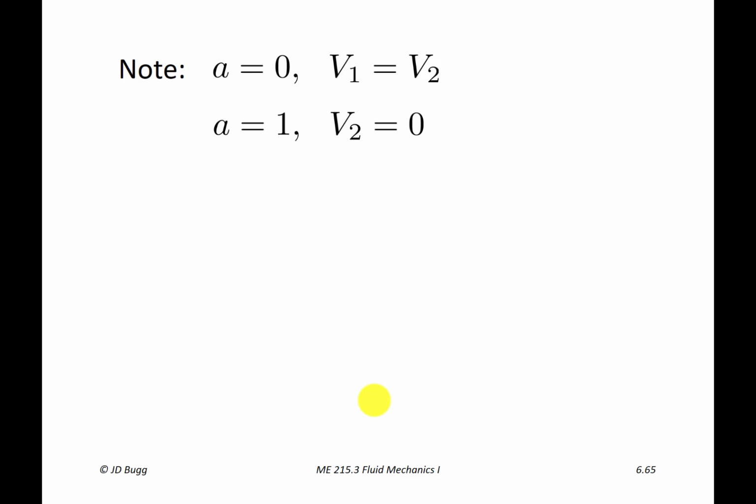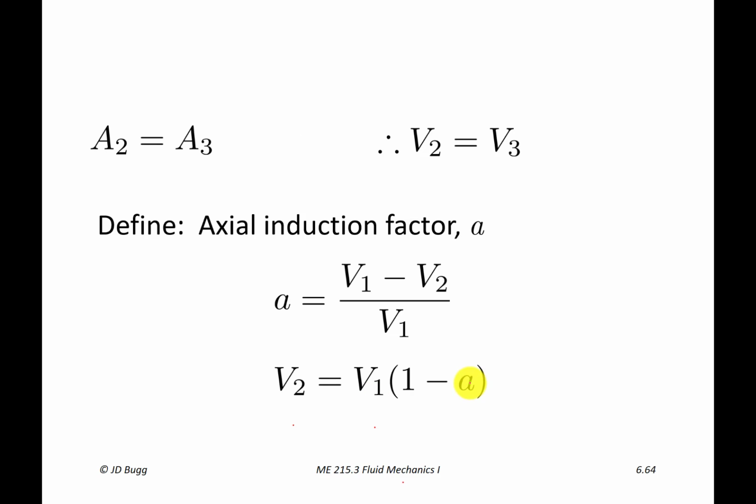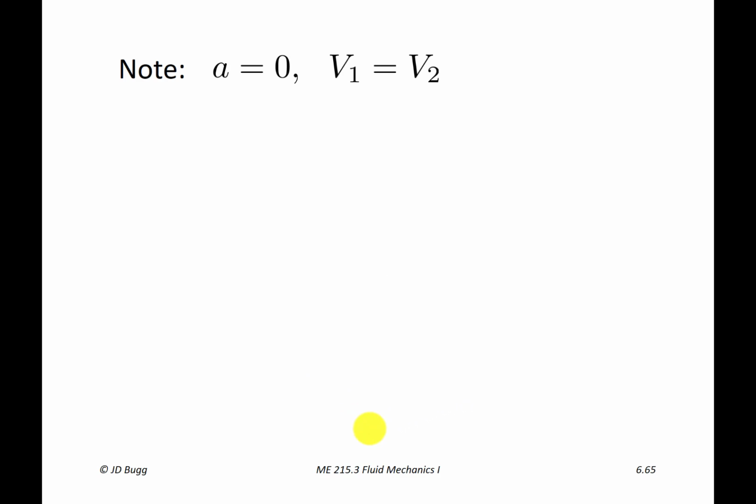The other extreme is an axial induction factor of 1, which means that V2 is 0. And again, if we go back to our equation here, if the axial induction factor is 1, V2 equals 0. 1 minus 1 is 0. So these are the limits of axial induction factor.